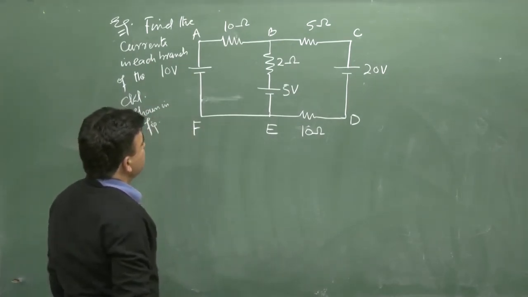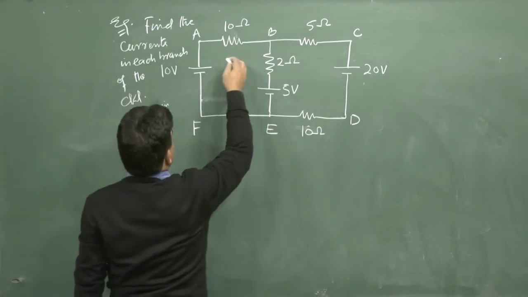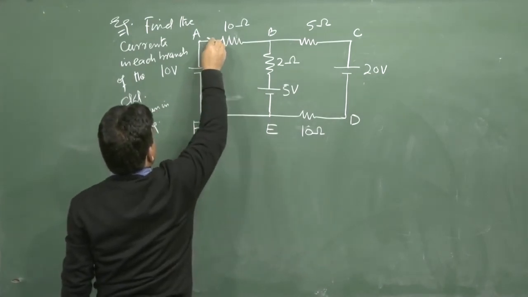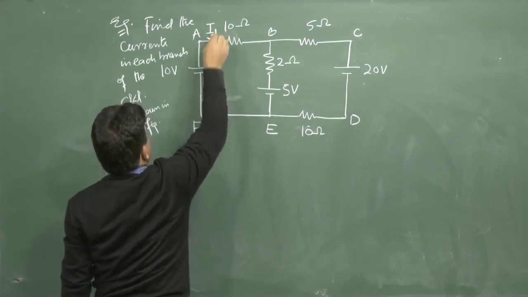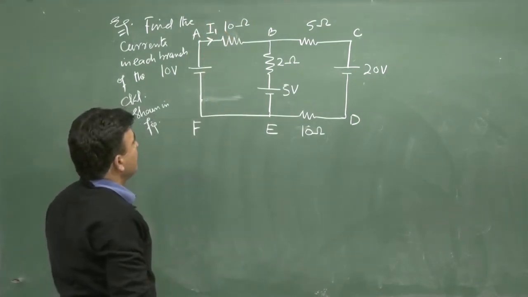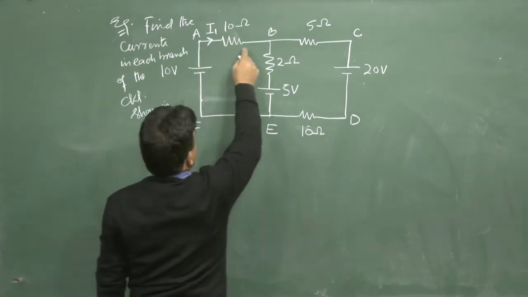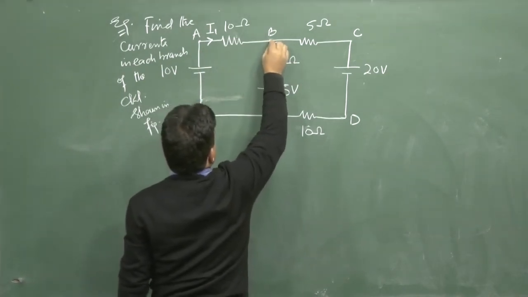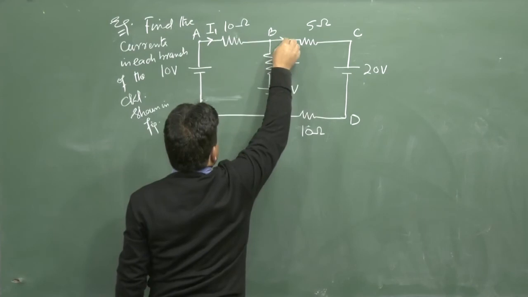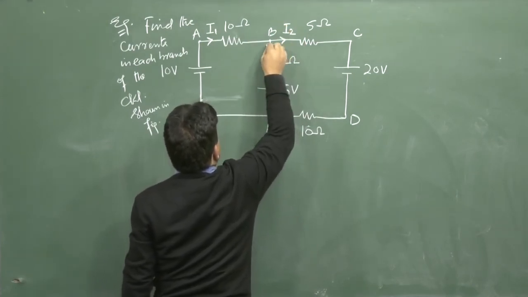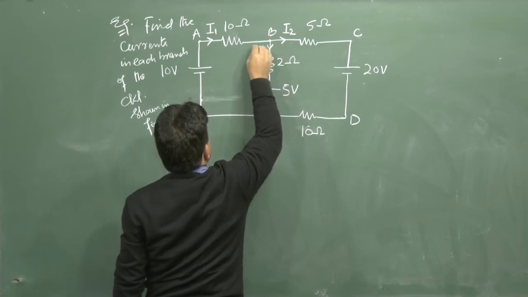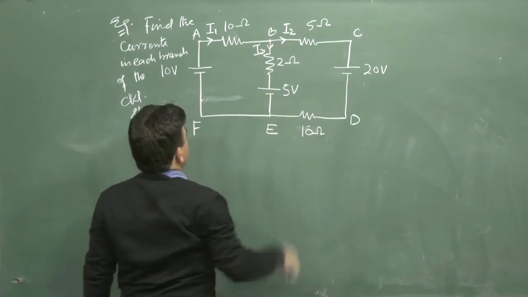Now, let us assume that in this branch, current I1 is flowing like this. If the current I1 is flowing through this, it will get divided here. Let us suppose that I2 current goes in this branch and I3 current goes along this branch.